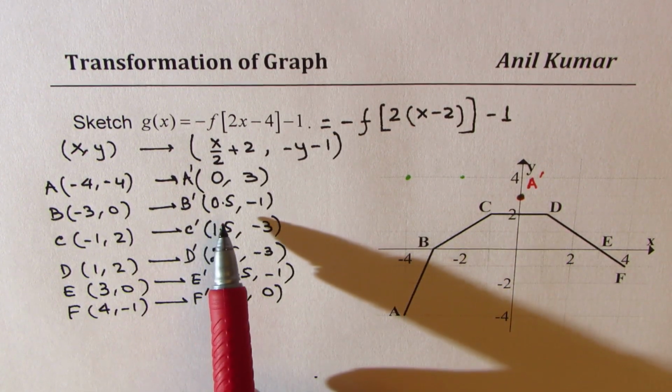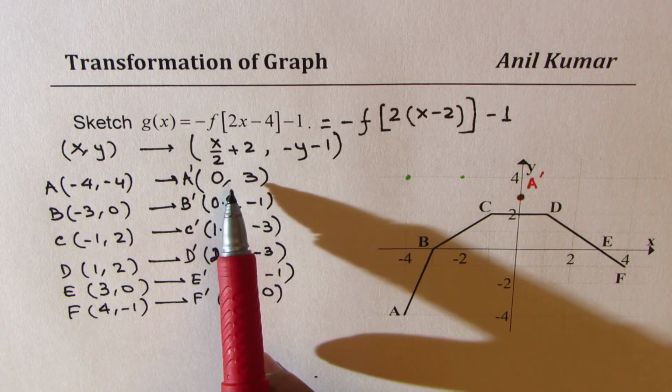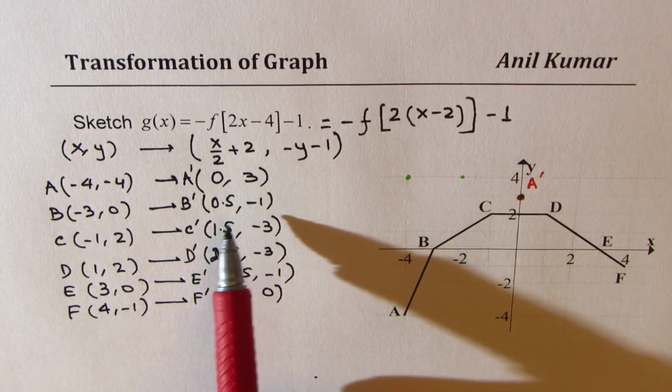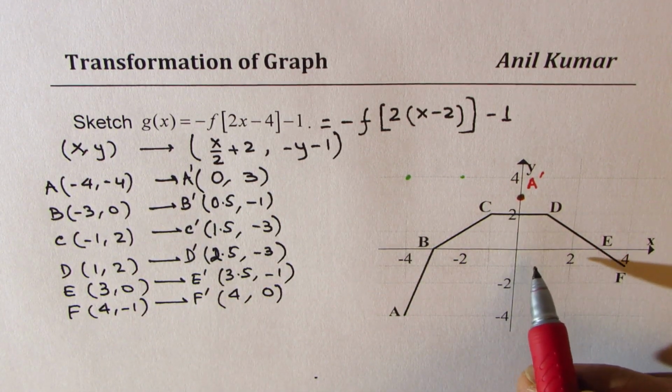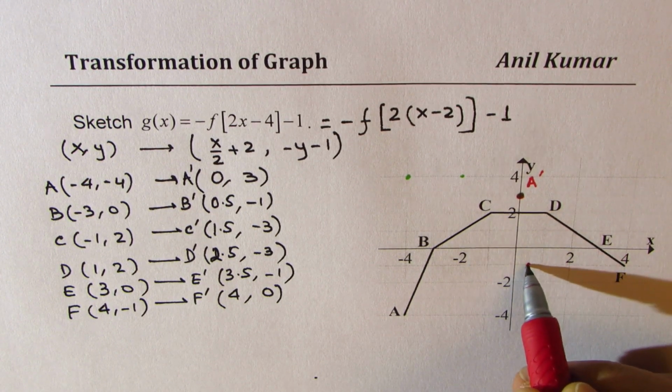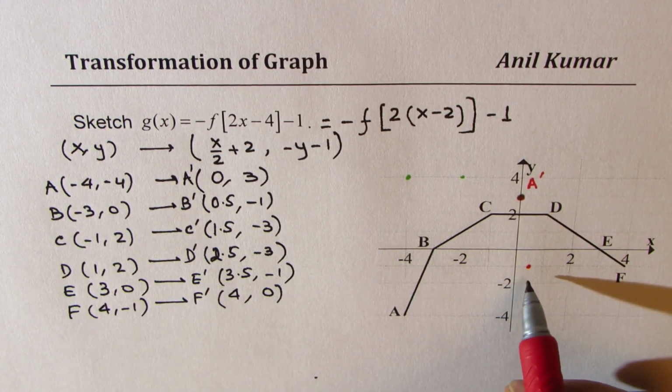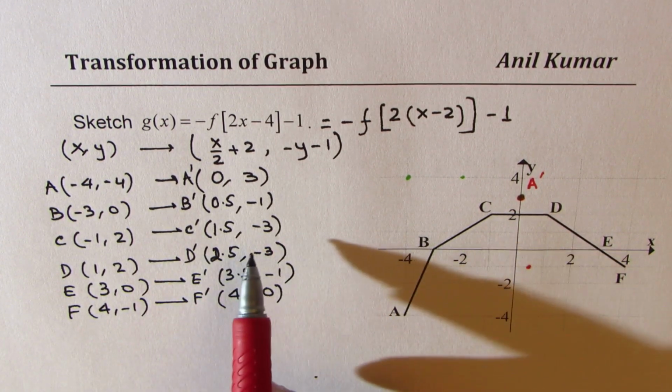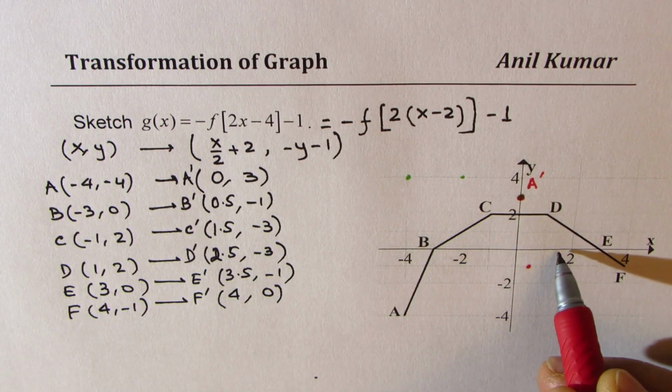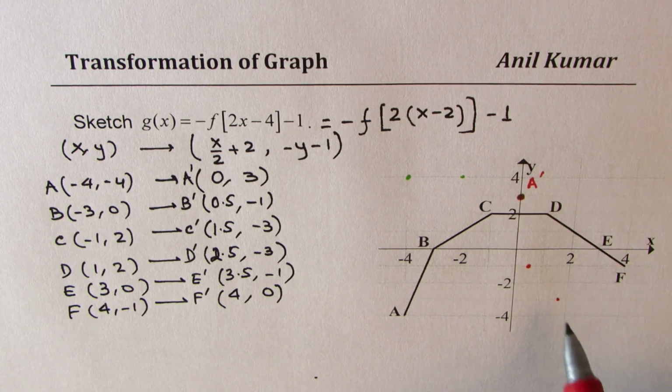Now let's look into the second point. That means this point is perfectly fine. 0.5, minus 1 is right there, which is B dash for us. C dash is 1.5, minus 3, right there.